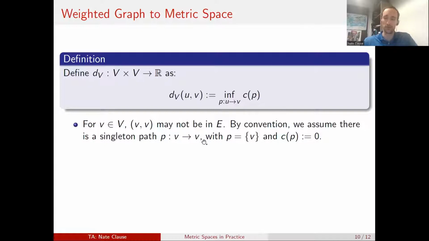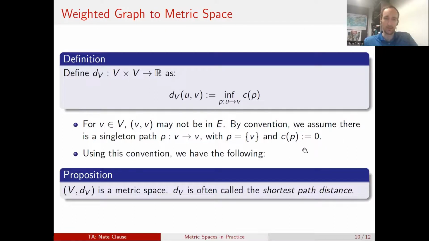There may not be an edge from a vertex to itself. But by convention, we assume that there is always a singleton path from a vertex to itself with the cost of such a singleton path defined to be equal to 0.